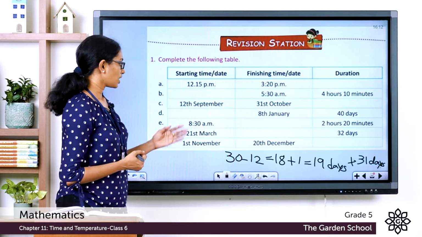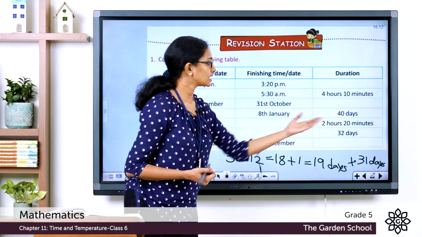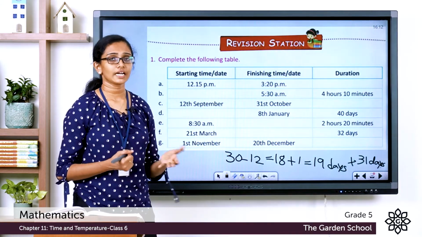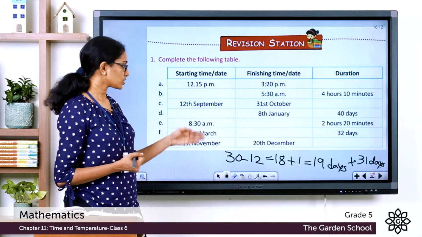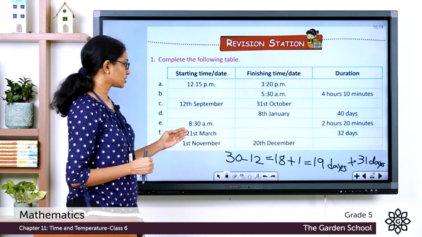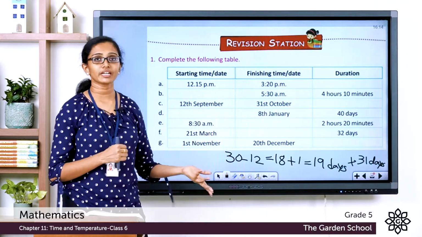Now question F, 21st March, but the finishing date is not given and 32 days is given as the duration. March has a total of 31 days and you are considering from 21st of March, including the 21st of March. So from 21st of March to the 31st of March, including this date, how many days are there?